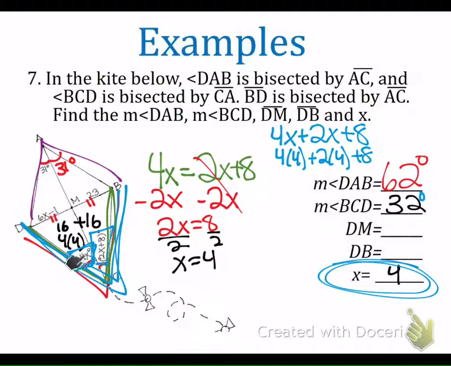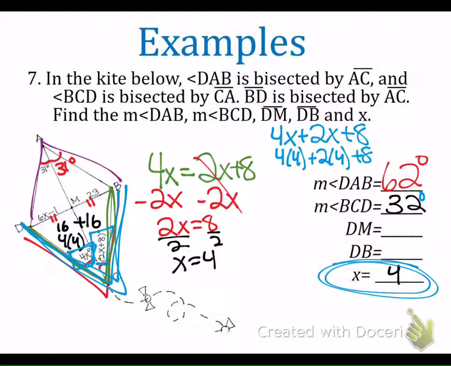So I did 4 times 4, that's 16. 2 times 4 plus 8 is also 16, which is good because they're supposed to be congruent. And 16 and 16 is where I got the 32. Or you could just write an expression. The whole angle is made up of these two smaller angles, 4x plus 2x plus 8, and then replace the x's up there. So you can do it right in the diagram, or you can write your expression off to the side, okay?